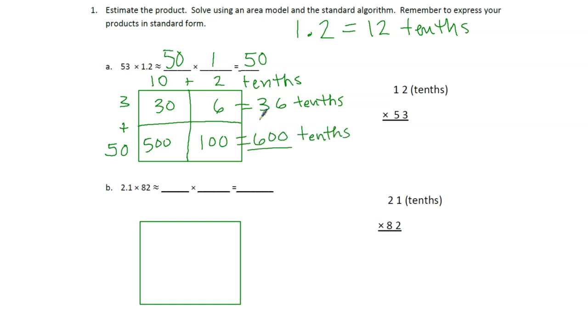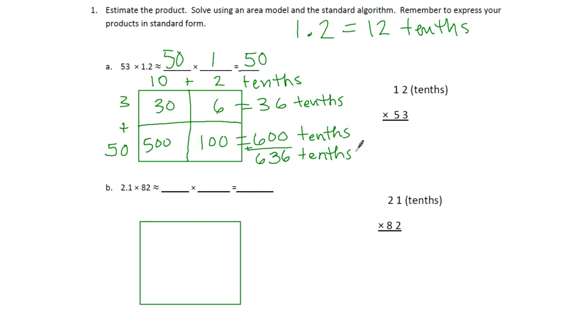I add my partial products. 6 tenths plus 0 tenths. 30 tenths plus 0 tenths. And then 600 tenths plus 0 tenths. So I have a total of 636 tenths.